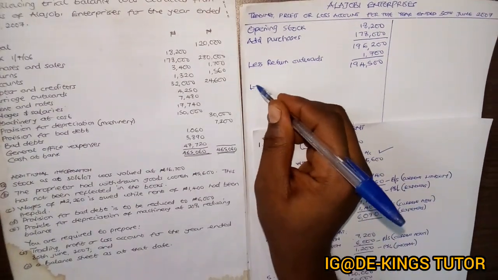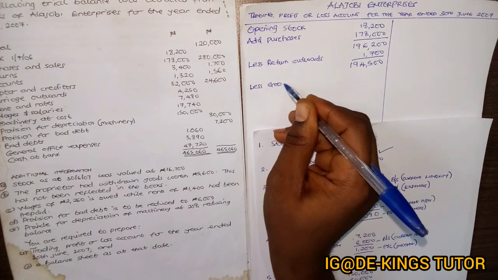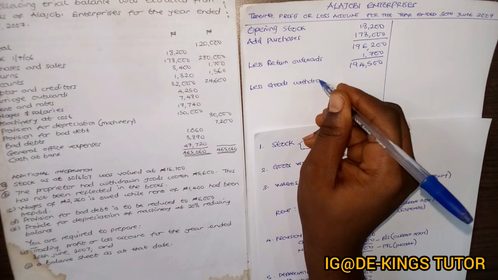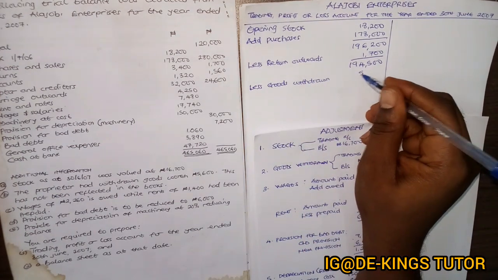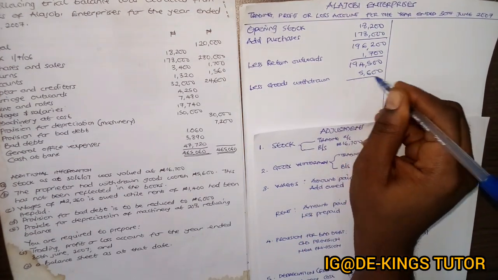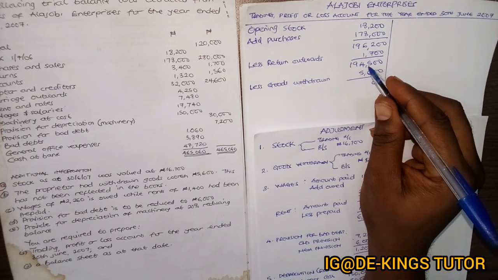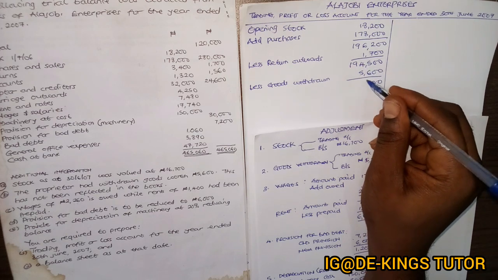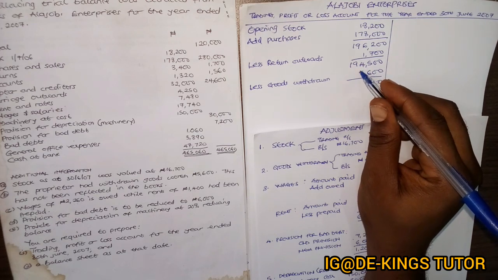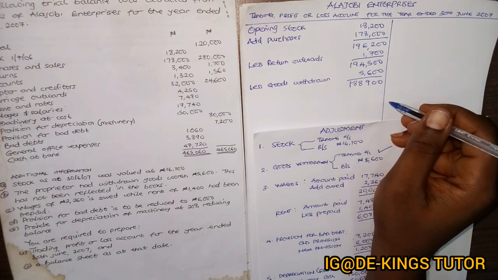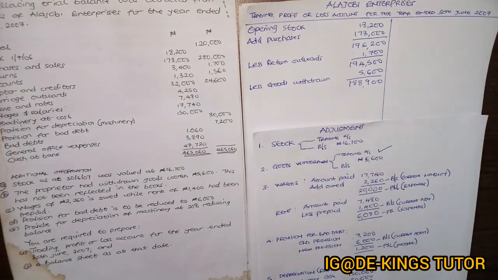So we'll now say less goods withdrawn 5,600. So this minus 5,600 gives us 881.